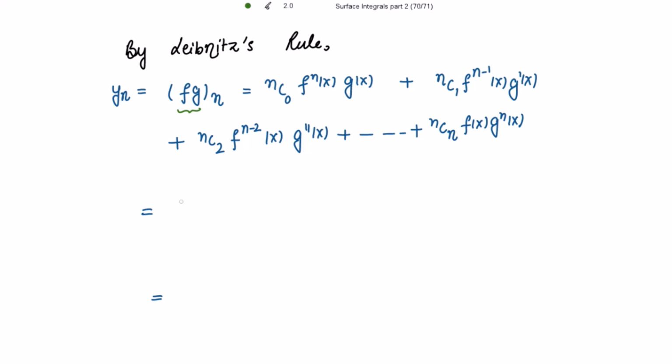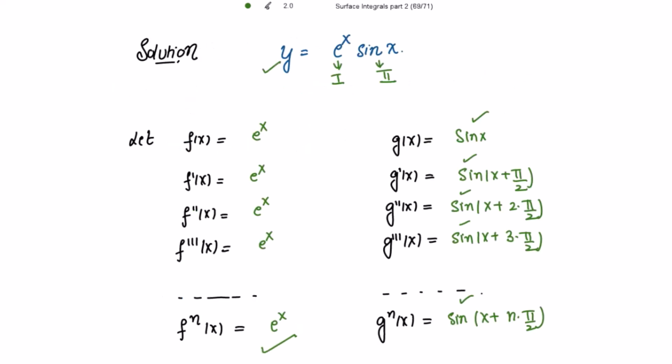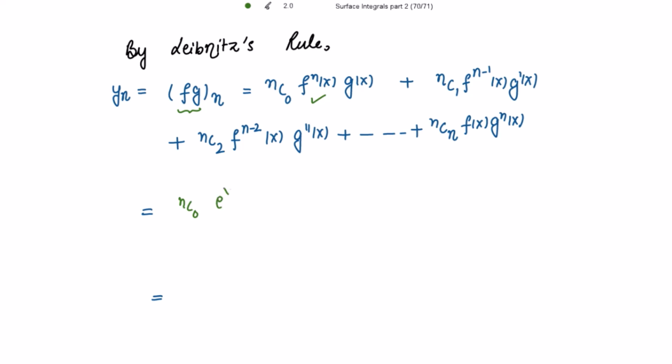So it is nC0, and the derivative of the first function is e to the power x, and g(x) is sine of x, plus nC1. The (n minus 1)th derivative of the first function is again e to the power x, and g dash x, the first derivative of sine of x, we have got as sine of x plus pi by 2.